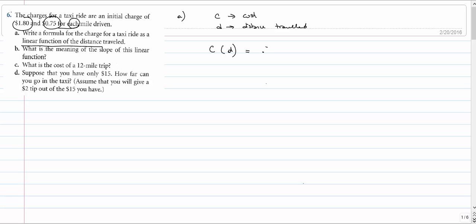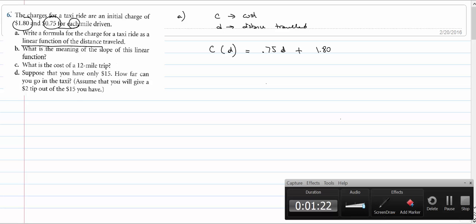So C of D equals 0.75 D, where D is the miles driven, plus the initial charge 1.80. And when you see "each," it is your multiplication.